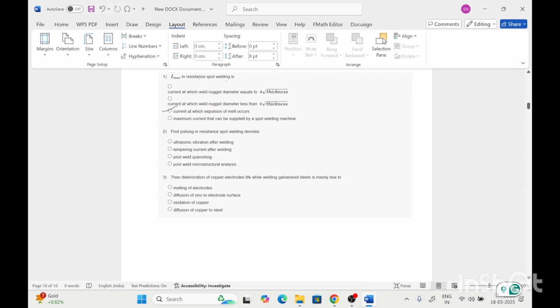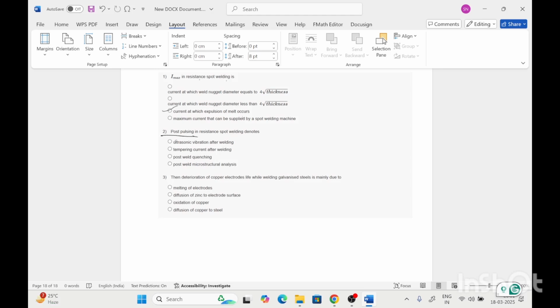The next question: post pulsing in resistance spot welding denotes. We first create the molten metal and then apply force to form the welding joint, so post pulsing is after the forming of the weld joint. In the enhanced weld cycle, we studied this post pulsing.